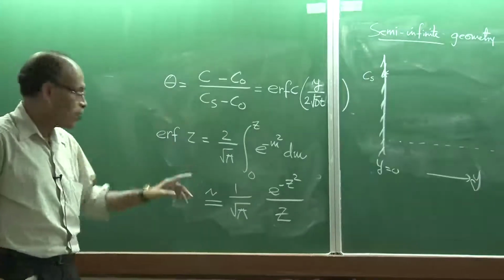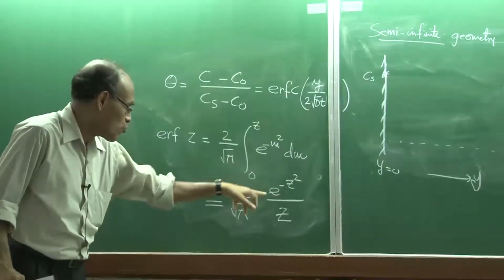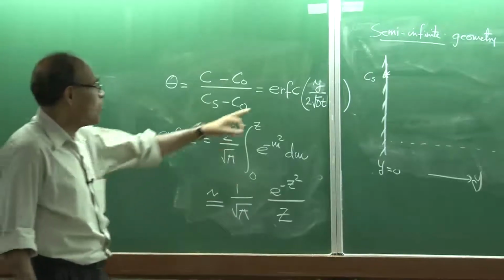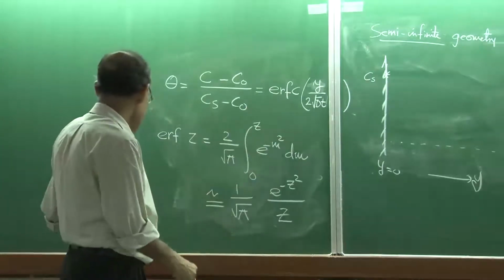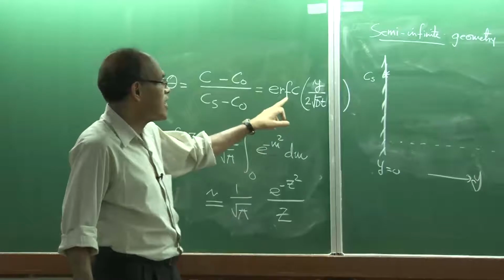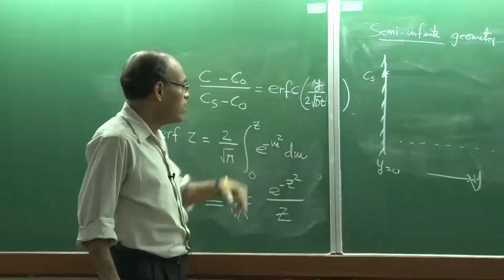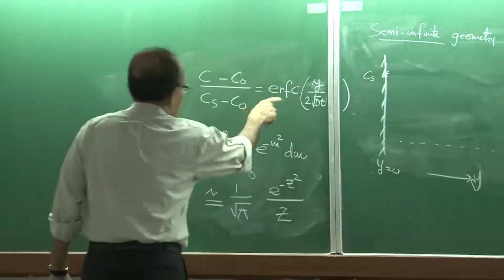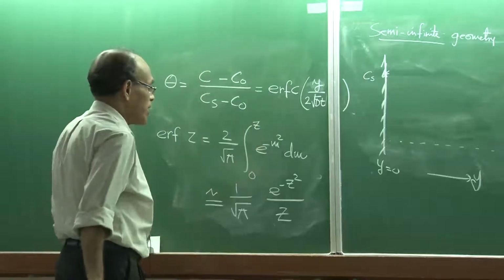So, without referring to a table, this is also possible for you to find out. And this complementary error function, ERFC, as I have indicated to you, is essentially 1 minus error function. That is what is the complementary error function.